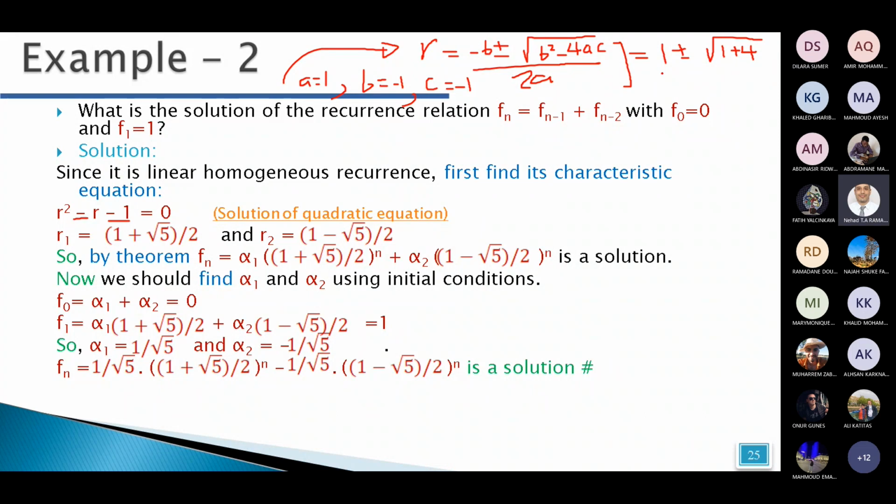All divided by 2A. A is 1, multiplied by 2, it's divided by 2.